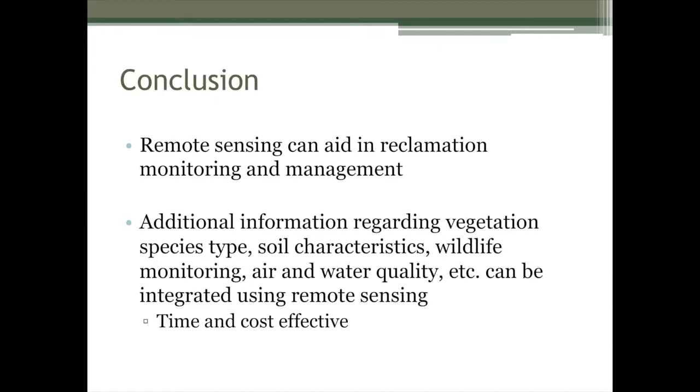So in conclusion, remote sensing can aid in reclamation monitoring and management. And the nice thing about this technology and this tool is it's something that can always evolve. You can always add more to it. You know, this project was only focusing on multispectral and LiDAR, but you can integrate radar, which looks into soil characteristics like moisture.